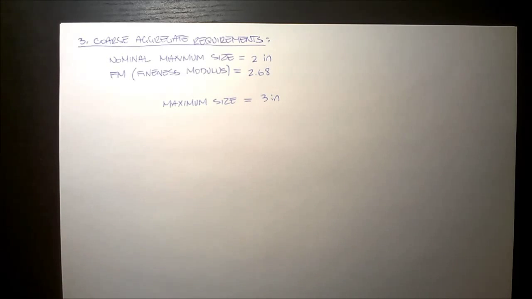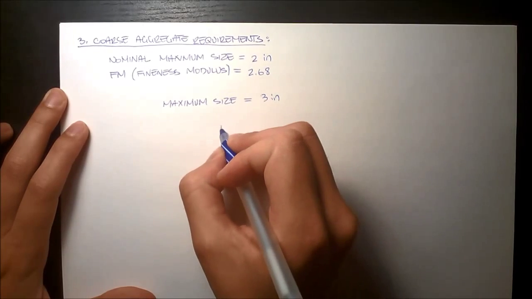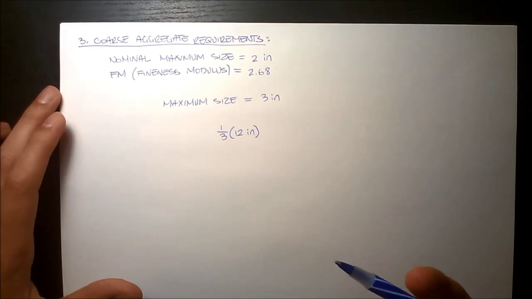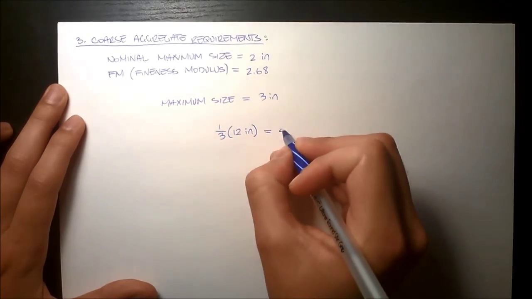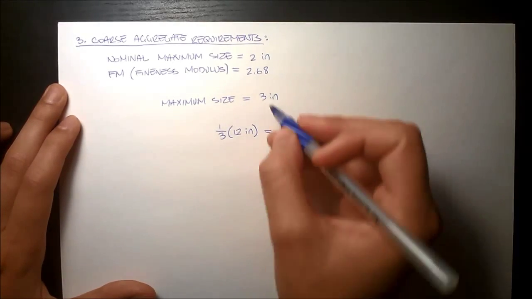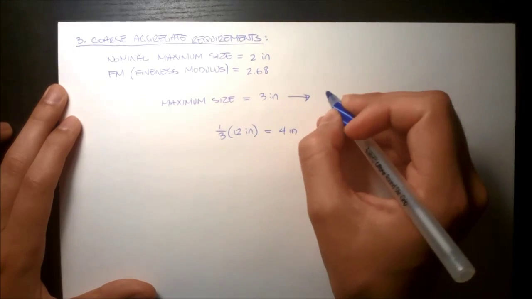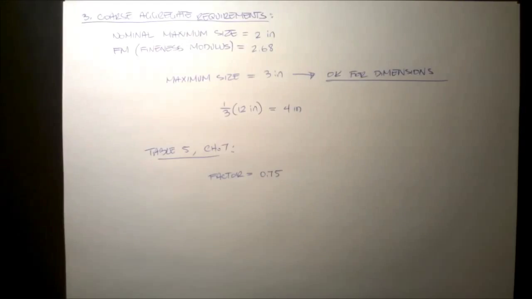On page 261 in the book, for an unreinforced slab, the maximum aggregate size is 1/3 of the thickness of the slab. So 1/3 times 12 inches, the thickness of our slab, equals 4 inches. Because 3 inches is smaller than 4, the aggregate size is okay.